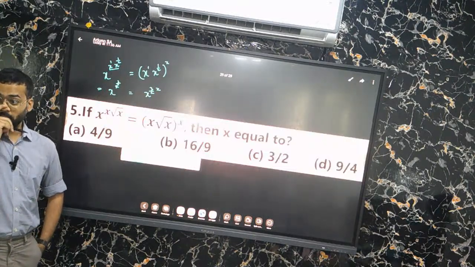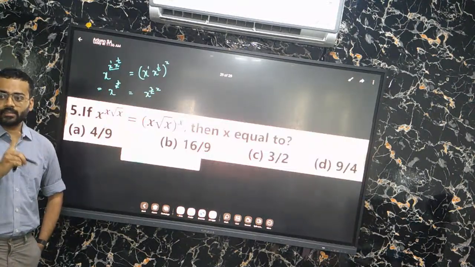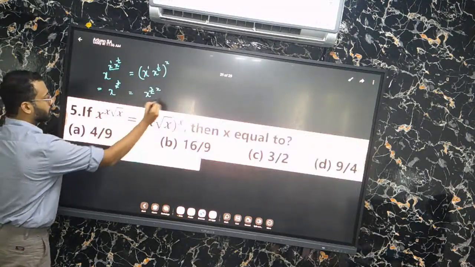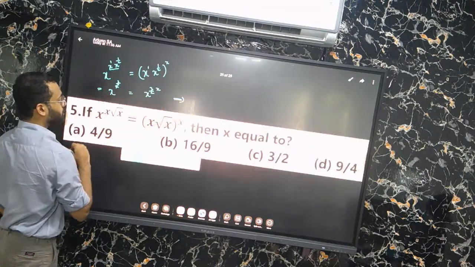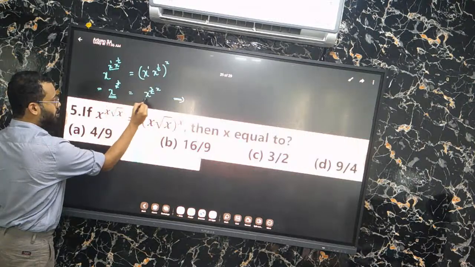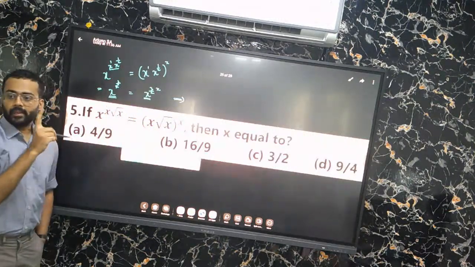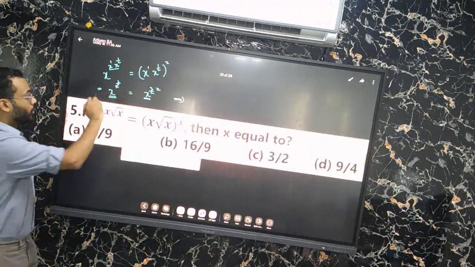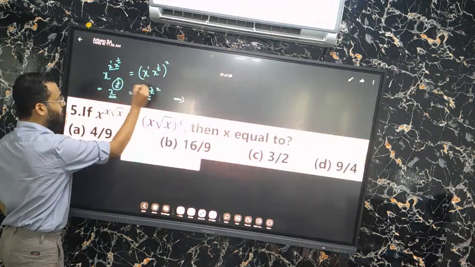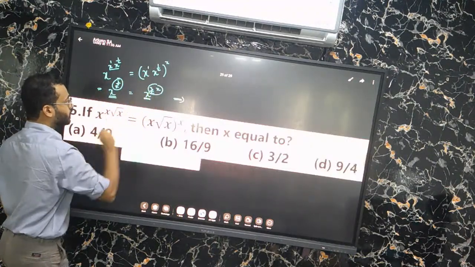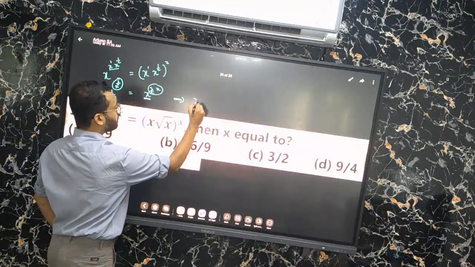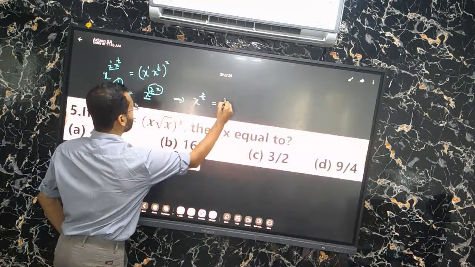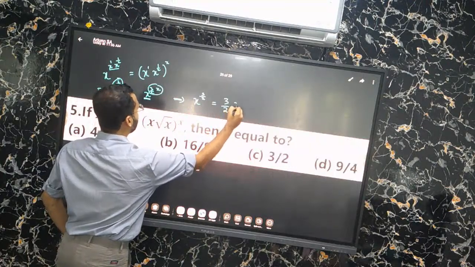Yes or no? Understood? I'm writing step by step so you understand each step. I'm not skipping any step. Now our base is equal, so I will compare the powers directly. I'm going to compare this power to this power. So that is nothing but x power 3 by 2 equal to 3 by 2 x.